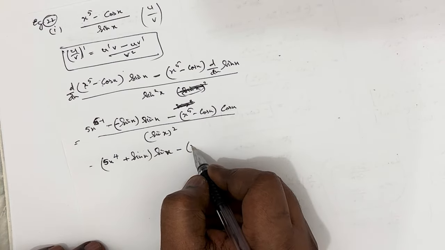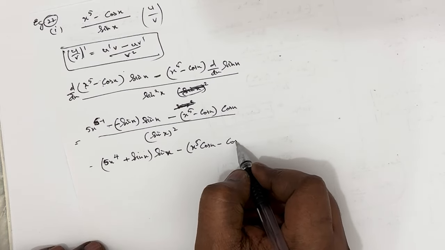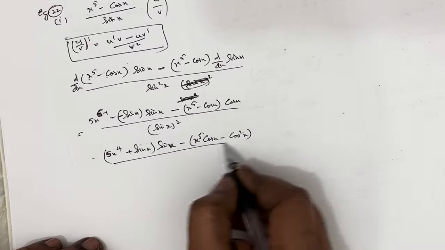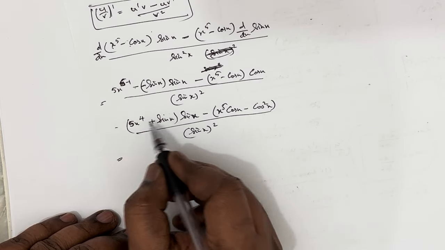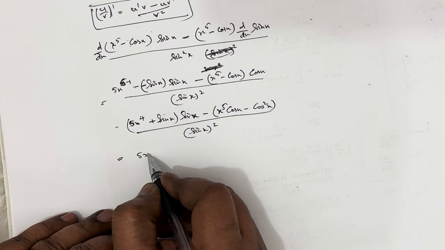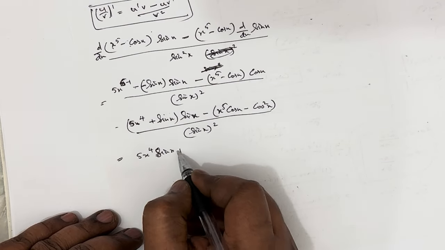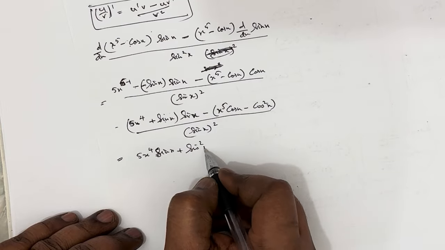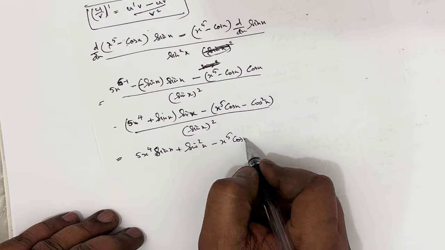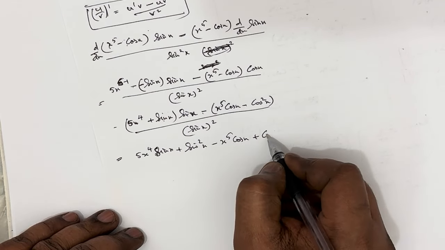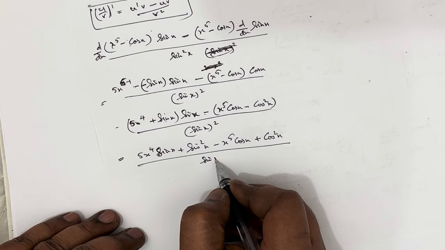So x^5 cos x minus cos square x, upon (sin x) whole square. Here also you have to multiply inside, so it becomes 5x^4 sin x, and with this sin square x. Now let's open the brackets, so minus x^5 cos x, minus into minus becomes plus cos square x, upon sin square x or (sin x) whole square.